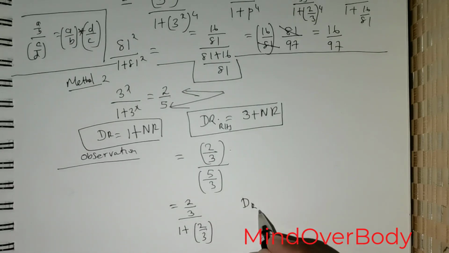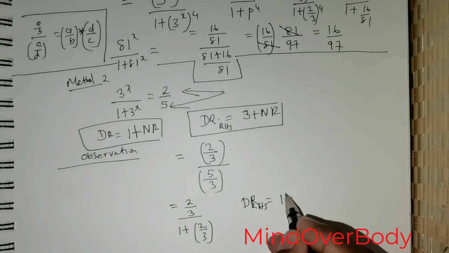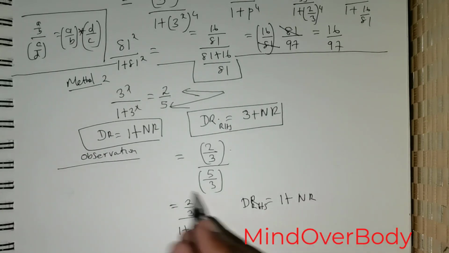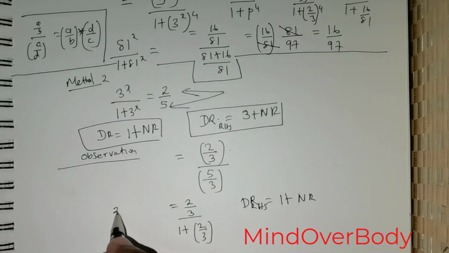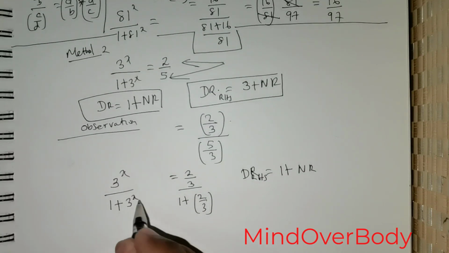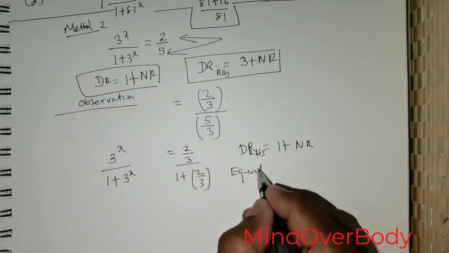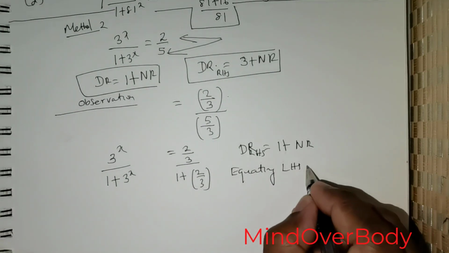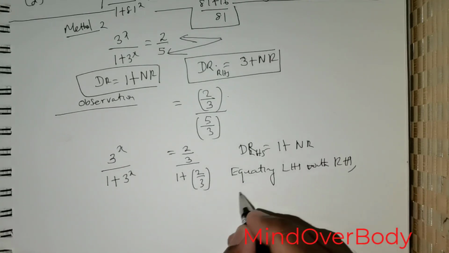Now my denominator on the right hand side is nothing but 1 more than the numerator, which is what we have observed on the left hand side. So on the left side, I've got 3 raised to the power of x divided by 1 positive 3 raised to the power of x. So all I need to do is equate the left hand side with the right hand side.